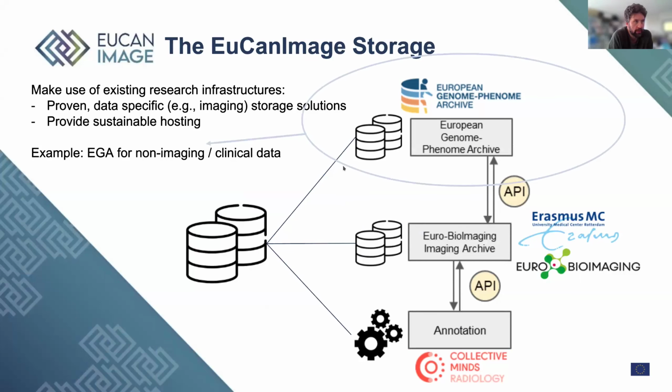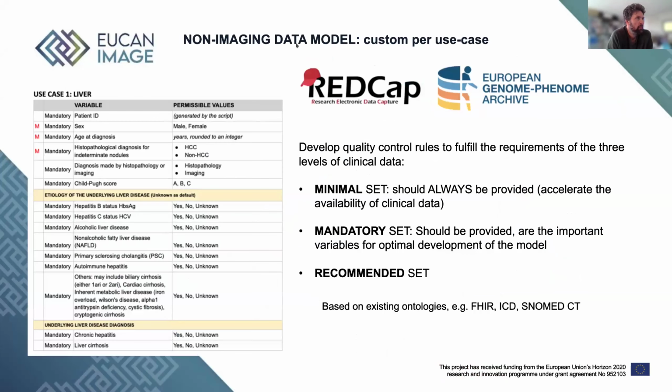Continuing with clinical data. For clinical data in EuCanImage, the EGA is used, which is provided with support in EuCanImage by the CRG in Barcelona. For the clinical data, or non-imaging data, as we refer to it, some data models have been developed.